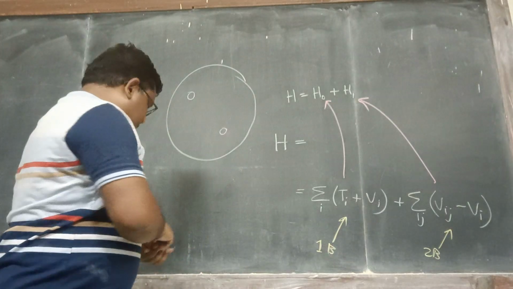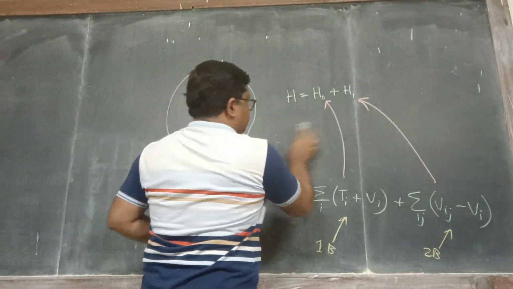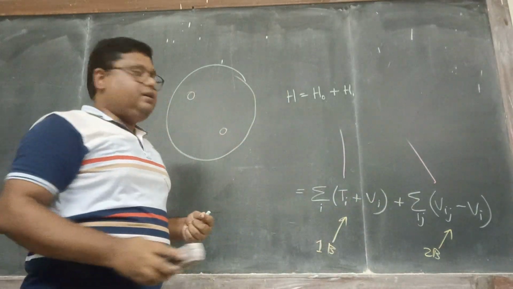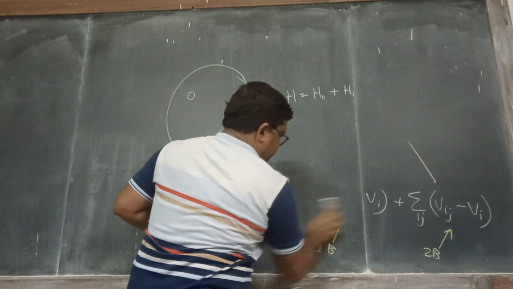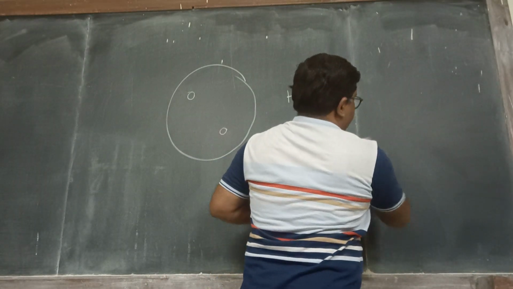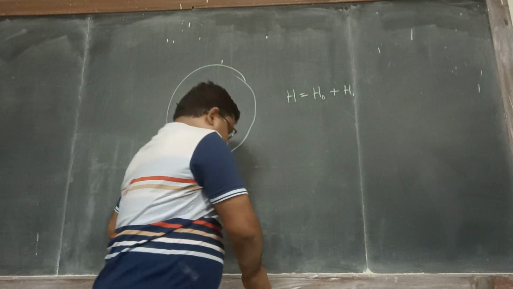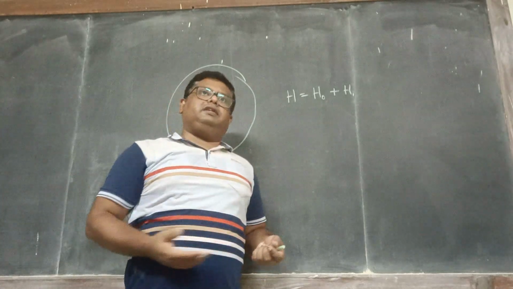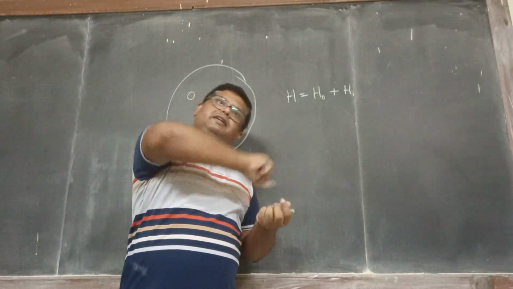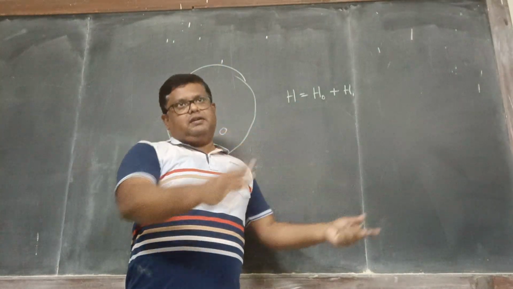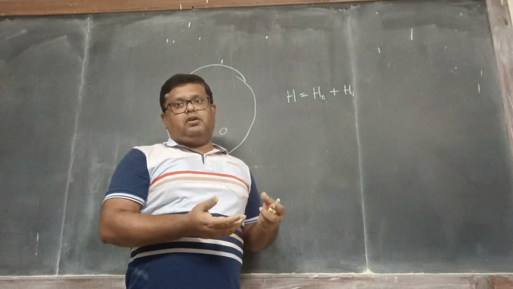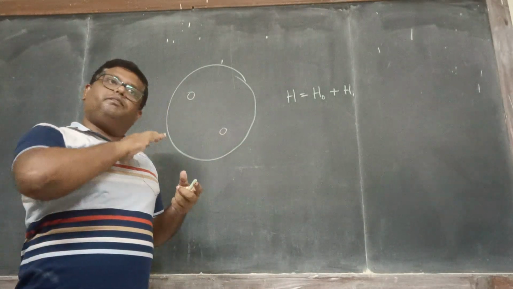Now see the similarity. Just like your previous scenario, where we had an unperturbed system, an interacting particle, and the overall effect of perturbation was small, so we applied perturbation theory.